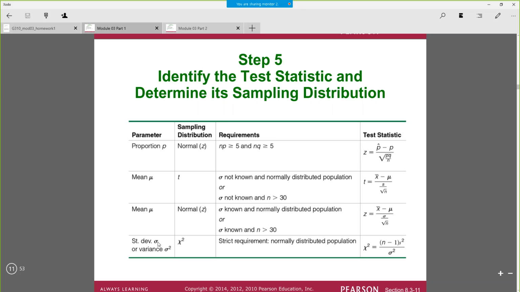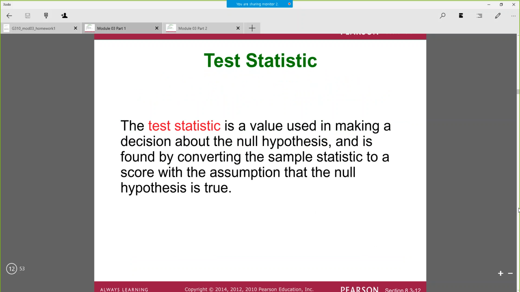If we're doing a hypothesis test about the standard deviation or the variance, we use the test statistic chi-squared. We've seen all these before, Z, T, or chi-squared, from last week. So these are the test statistics we're going to be using.